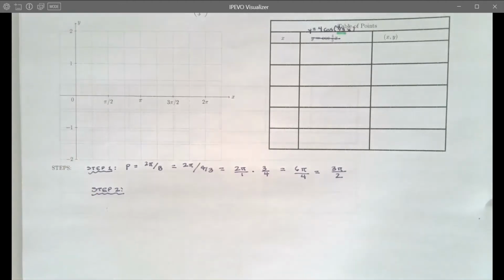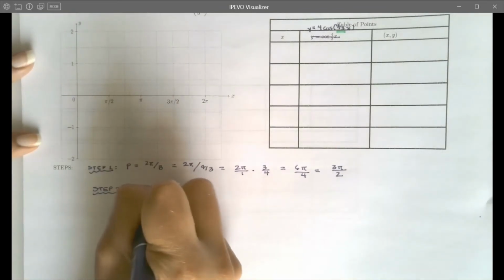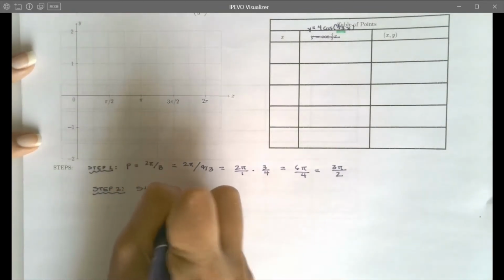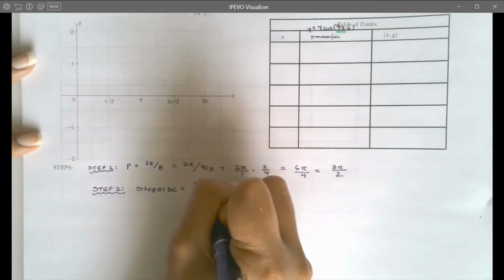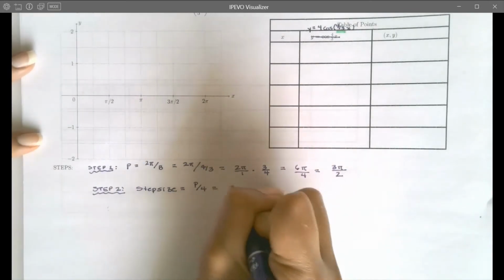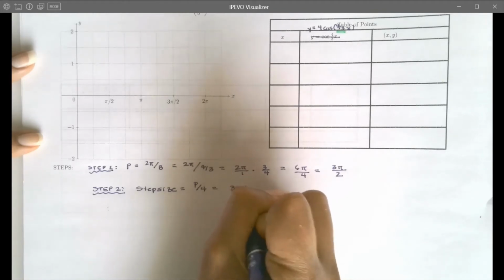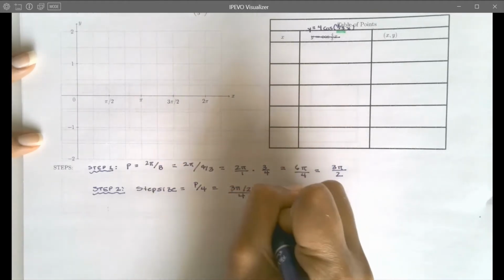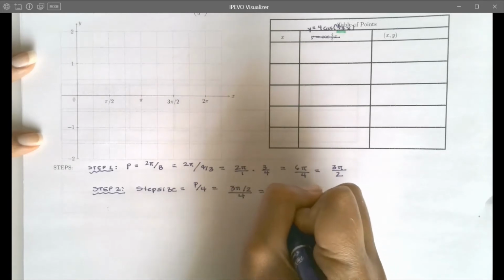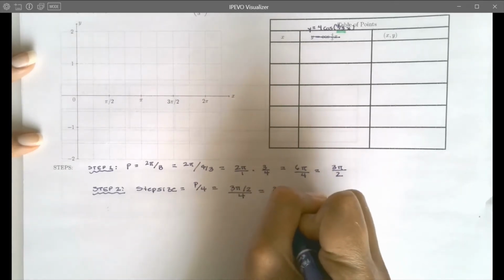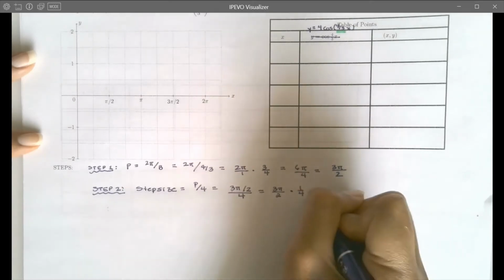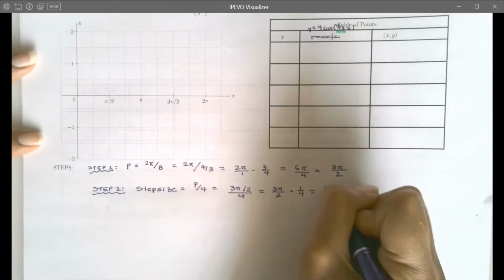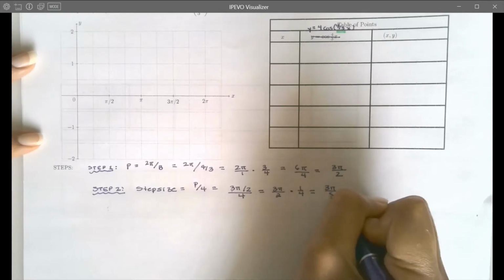That means we take that distance and divide by 4. So we take 3 pi over 2 divided by 4. Remember, division is multiplication by reciprocal. So we take the 3 pi over 2, multiply by the reciprocal of 4, which is 1/4, and that gives us 3 pi over 8.